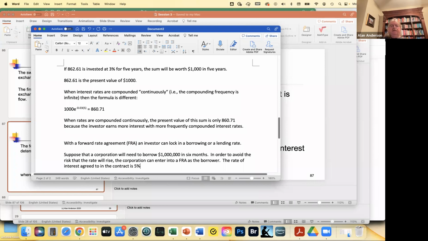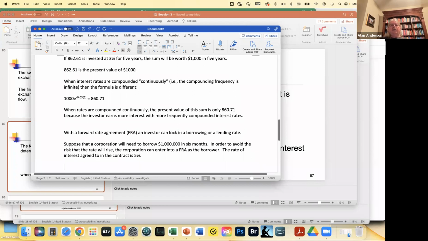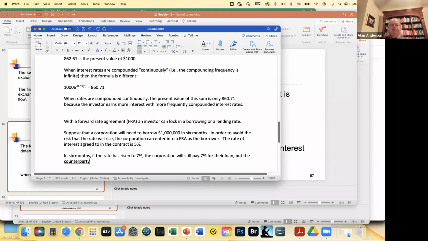So what that means then is that in 6 months, if the rate has risen, let's say to 7%, the corporation will still pay 7% for their loan, but the counterparty to the FRA will pay them the difference times the $1 million, which is $20,000.